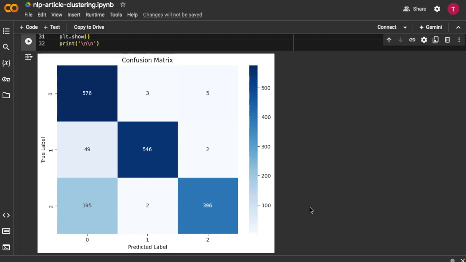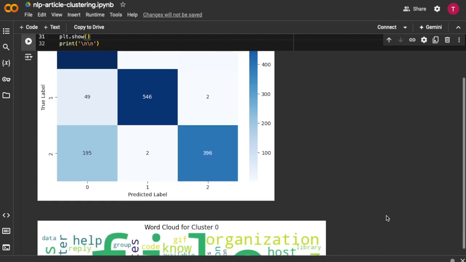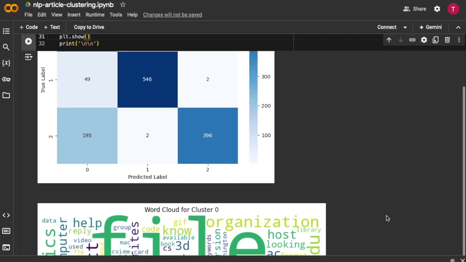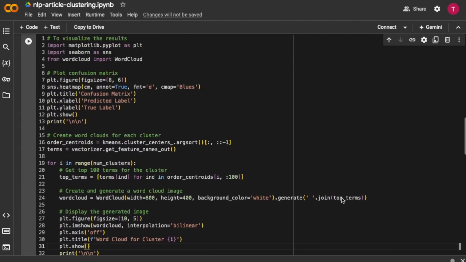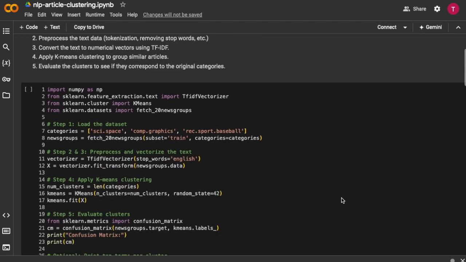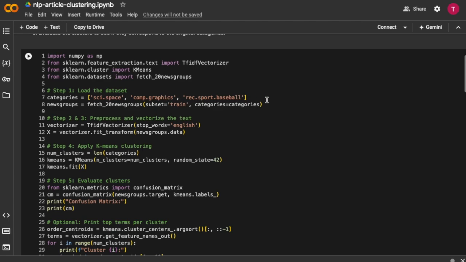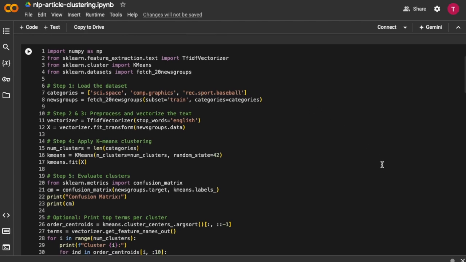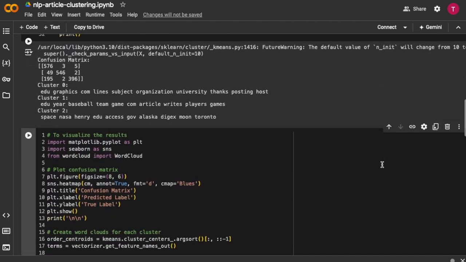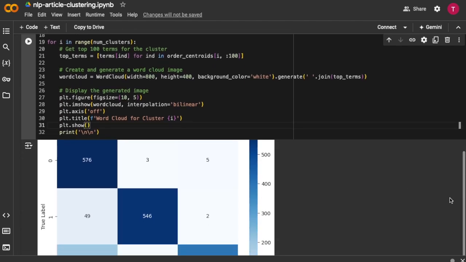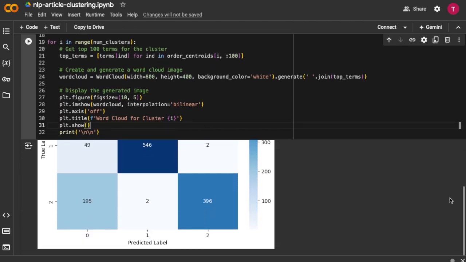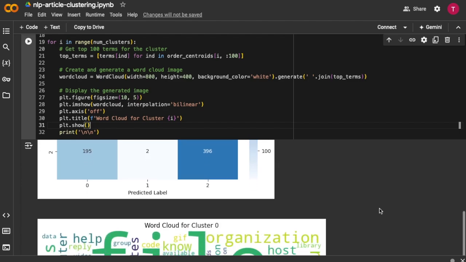The second thing I plotted was the word clouds for the different clusters. At this point, I have not printed out what each of these clusters are, but given that we know we started with space, graphics, and baseball, if we look at the top words using our word clouds for each of these categories, I think we can determine whether that category was space, graphics, or baseball.